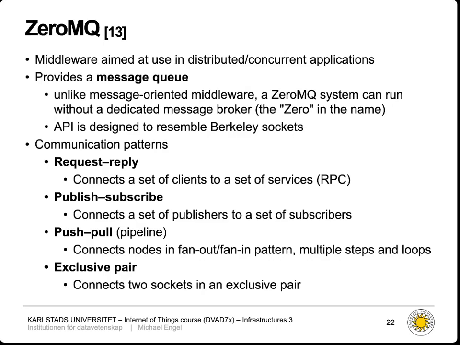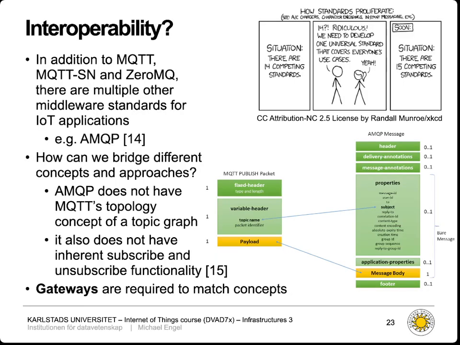But this can also have multiple steps and loops and repetitions, and it can also have a fan-out and fan-in pattern, which means you can have several things writing to one end of the pipeline and several clients receiving messages at the other end of the pipeline. And you can also have exclusive pairing, so this would be a one-to-one connection. I'm not going into more details. ZeroMQ has differences. If you're interested, we've given reference 13 for you to learn more about this.